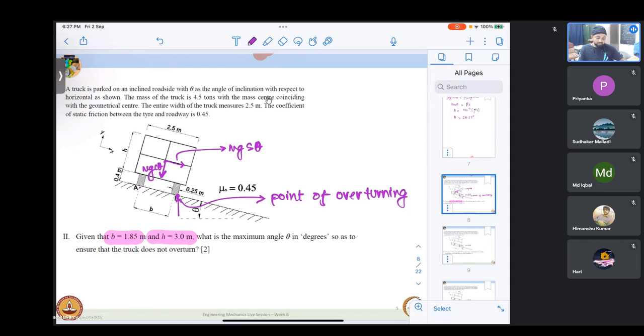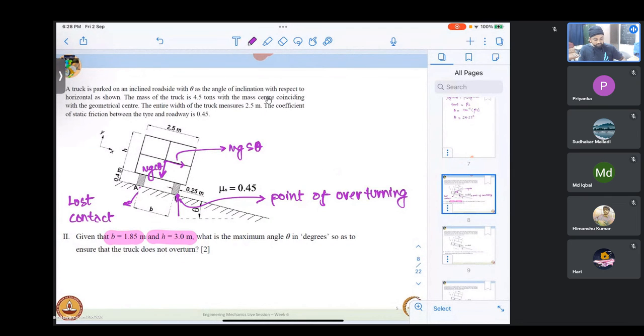So essentially, moment equilibrium only entails components of the weight, the sine and cos components of the weight alone. The normal force passes through that point, and at wheel set A, it has lost contact. So I hope that is clear.